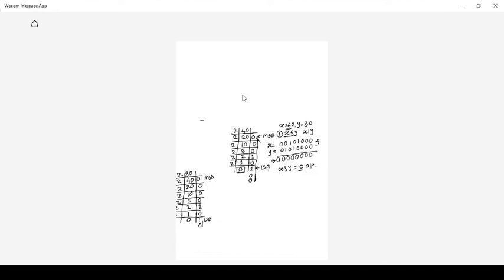Now the same operation I want to perform on the x and y variables, but with the bitwise OR operation. So x is 0 0 1 0 1 0 0 0, and y is 0 1 0 1 0 0 0.